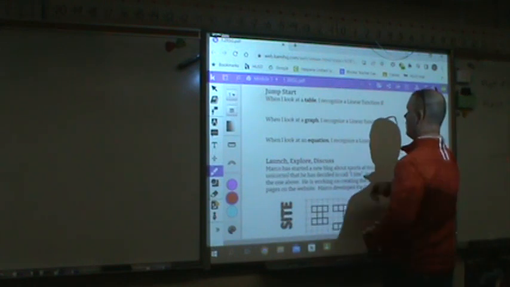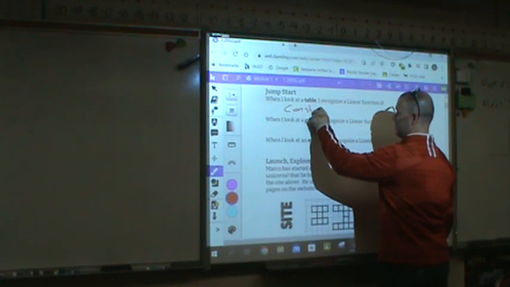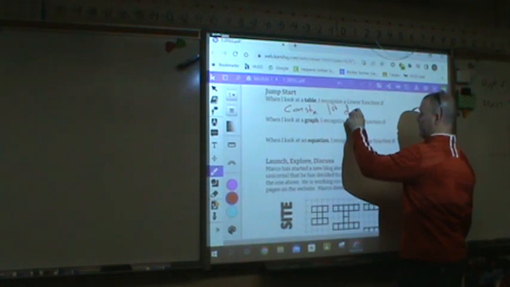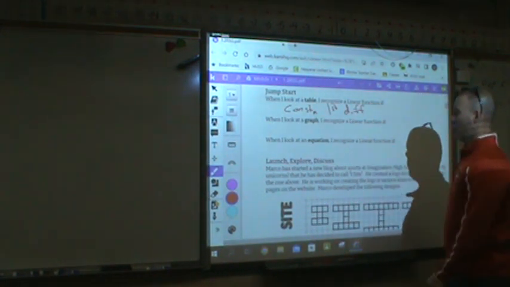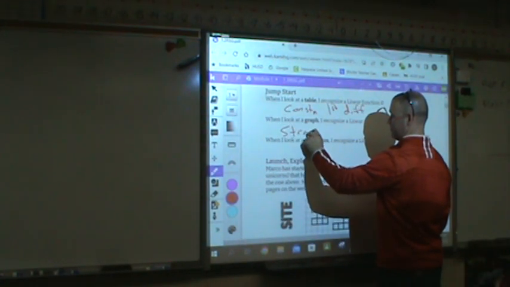Jumpstart. When I look at a table, I recognize it's a linear function if it has a constant first difference. When I look at a graph, I recognize a linear function if it's a straight line.